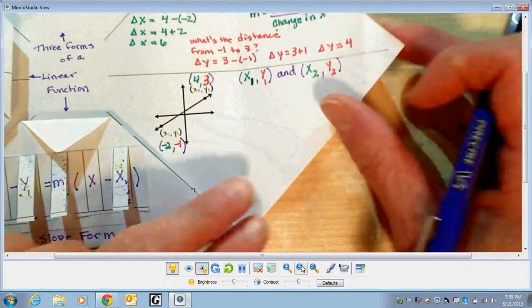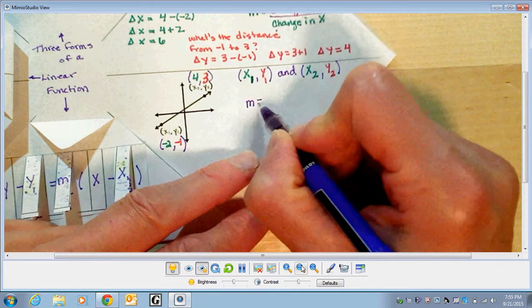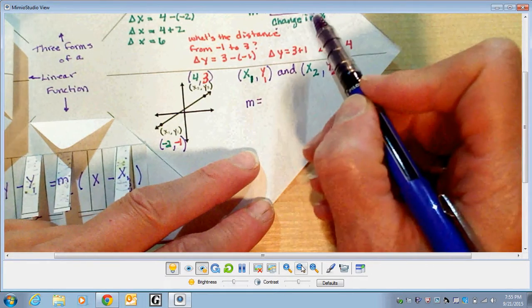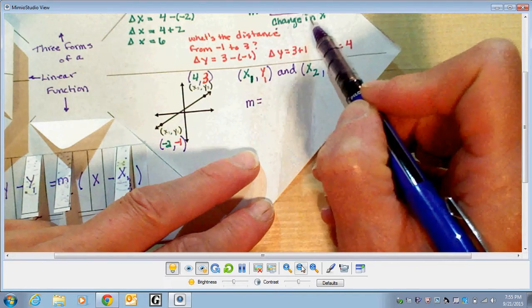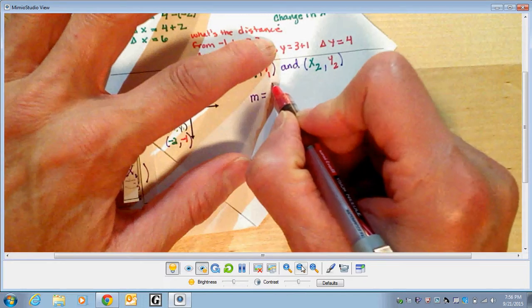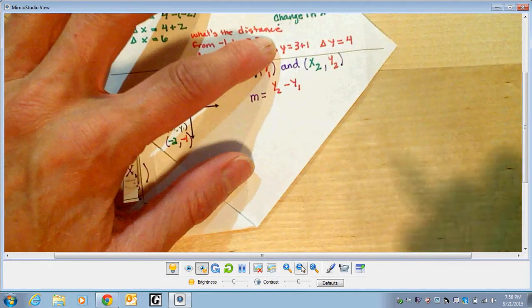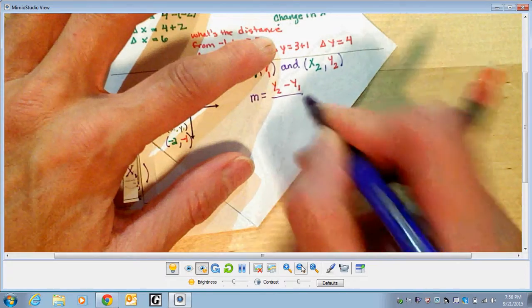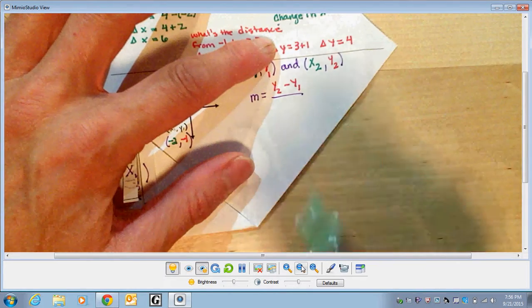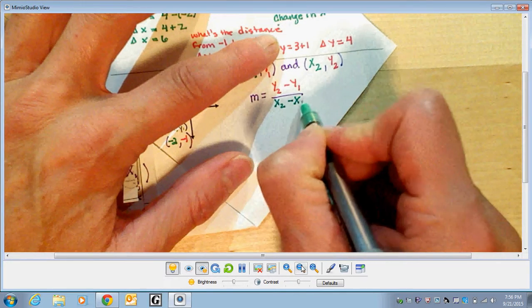So when we're talking about slope, slope is the change in y divided by the change in x. So our change in y, we're going to write y sub 2 minus y sub 1, and our change in x is x sub 2 minus x sub 1.